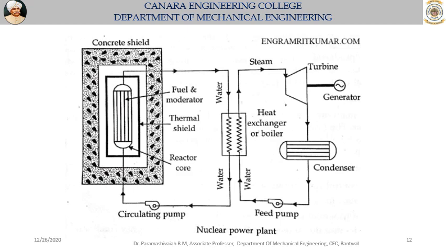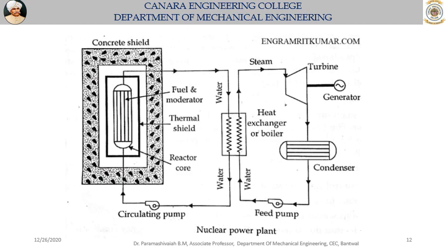Then this is another water circuit wherein water is pumped, and this is again a heat exchanger which exchanges the heat from the heavy water circuit to this water. Here heat is lost by the heavy water and gained by this water. So the heavy water's temperature reduces and it is pumped back to the reactor.